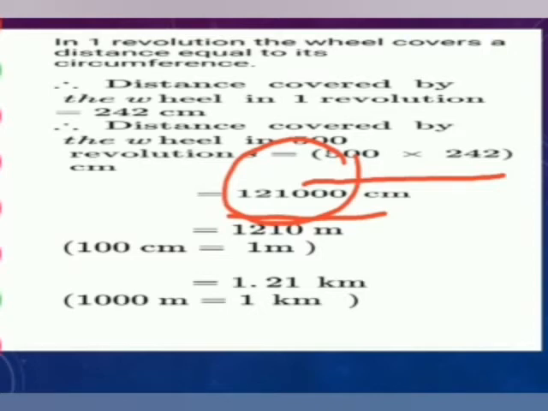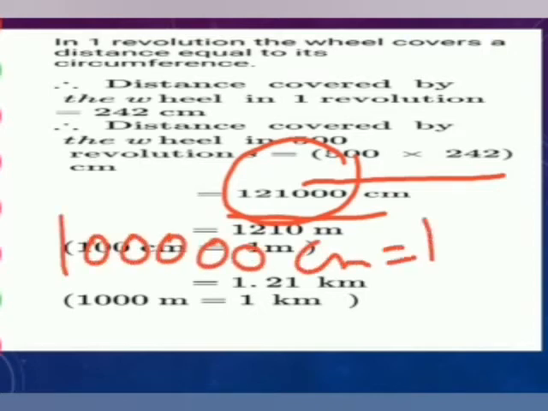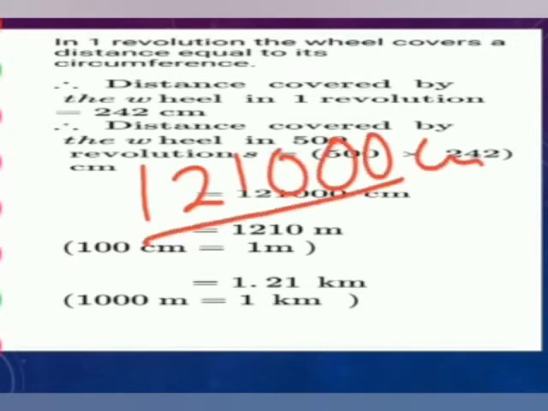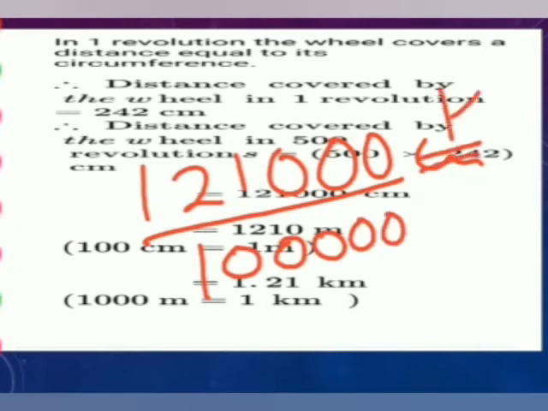So as you know, 1 lakh centimeters make 1 kilometer. So this 1,21,000 centimeters will be divided by 1 lakh, and it will be converted into kilometers. So this will be 1.21 kilometers. So that means the distance covered by the wheel in 500 revolutions will be equal to 1.21 kilometer.